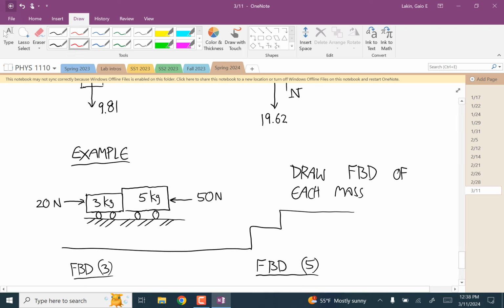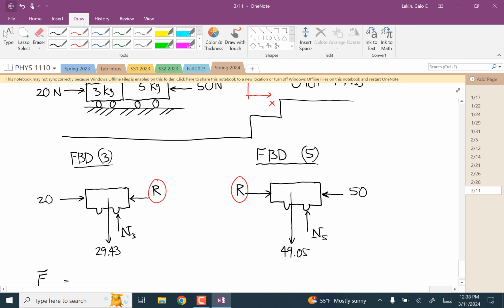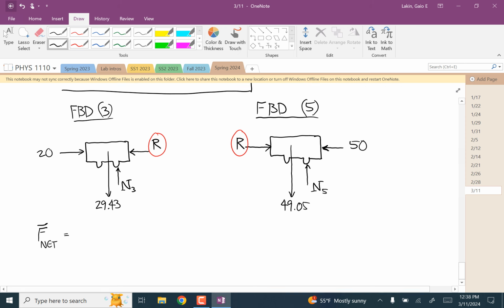And I guess just to be clear, I'm using this coordinate system to come up with these vector components. Okay, so the 20 Newton force, is that in the X or the Y or the negative X or the negative Y? Positive X, and so I'll write that as 20, 0.